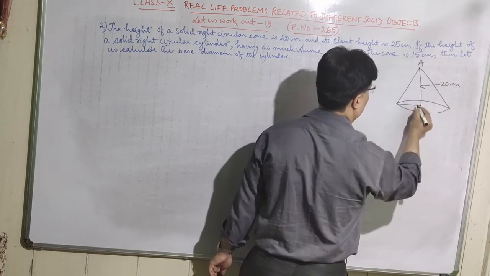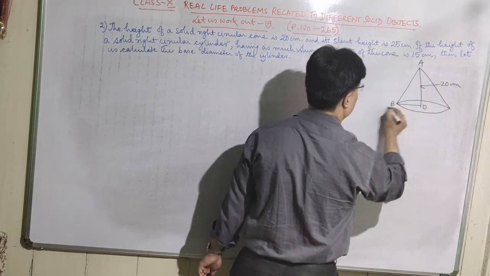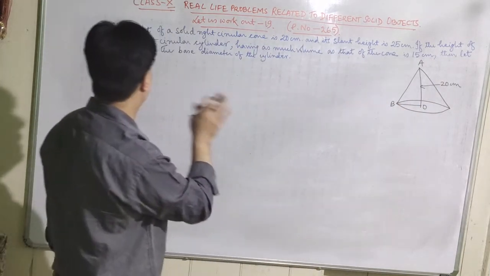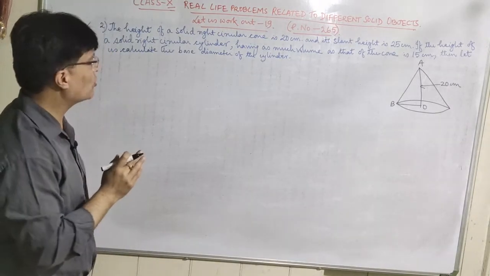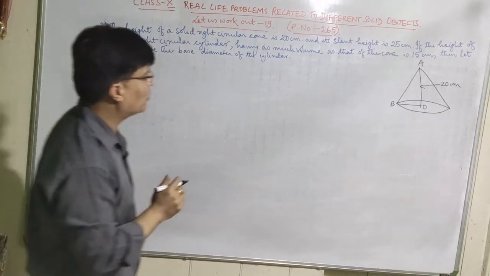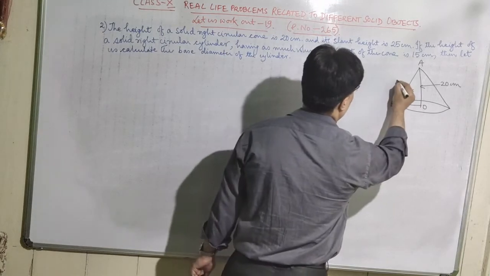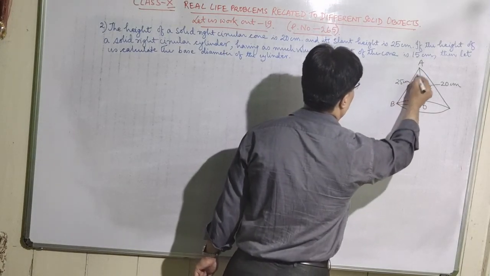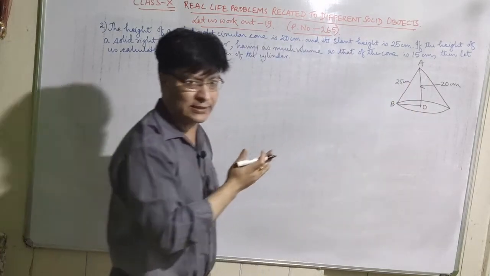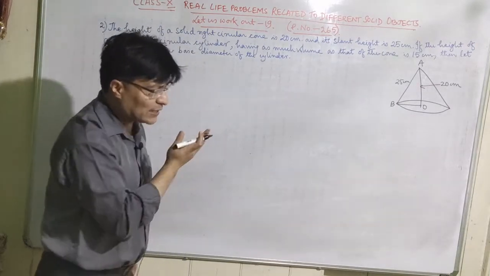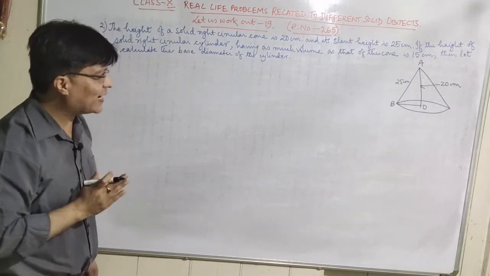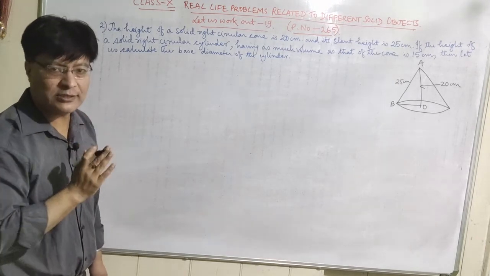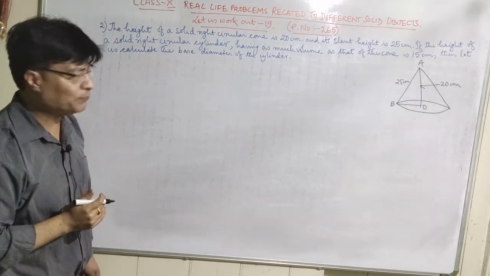Okay, suppose this is A, this is O, and this is B. So AO is the height of the solid right circular cone. So it is 20 centimeter, and what is its slant height? Its slant height is 25 centimeters. Here slant height is AB, the inclined height, that is known as the slant height. That is 25 centimeter. Okay.